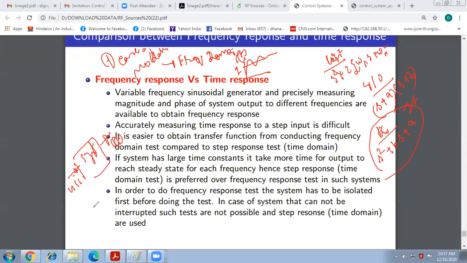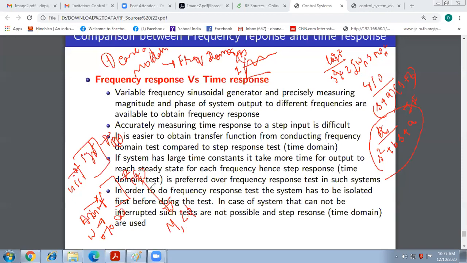Whereas if I apply a sinusoidal signal like sine of omega t, and I vary omega over its full range from 0 to infinity, and for each omega I collect the corresponding output, which I have already broken down into two quantities, magnitude and phase angle phi.